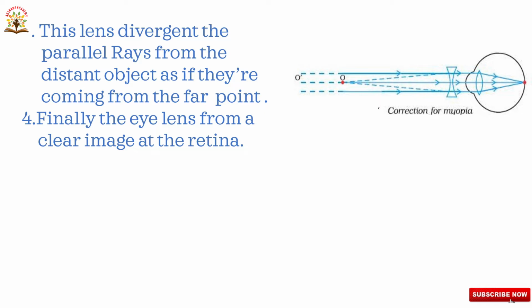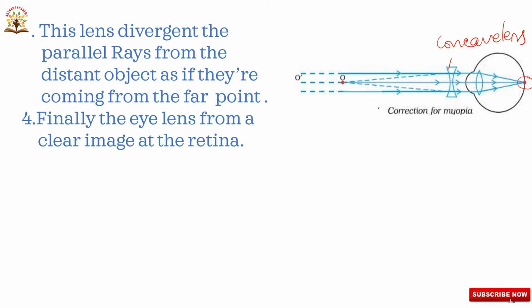This is the retina place, and here the rays are coming from the distant object. These are parallel rays. Parallel rays fall on this convex lens and form the image before the retina, and from the far point they fall on the retina, but the myopic eye cannot see the image clearly. So for this correction we are using a concave lens.